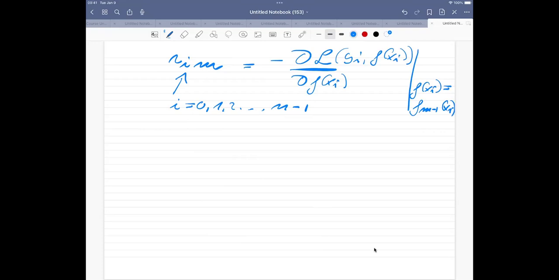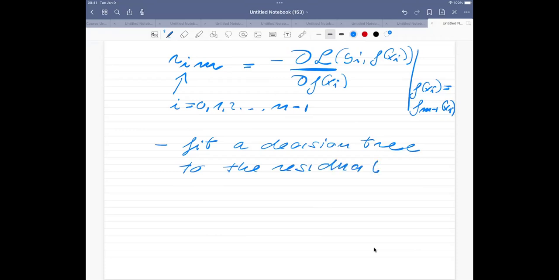That means when we have done that, so we have this r_im, the next step is to fit, if you're dealing with decision trees, a decision tree to the residual, which is this r_im, given the points.